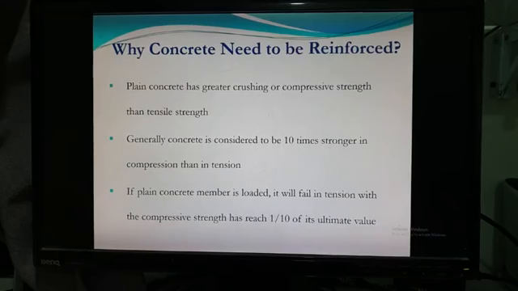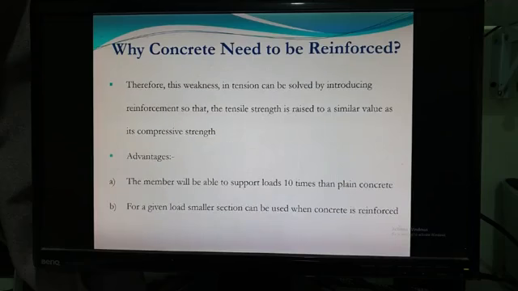Concrete can handle like 10 times the force of compression compared to the force of tension. So therefore, this is a weakness. To overcome it, we put in the reinforcement, because reinforcements are not only strong against compression, but are also strong against tension.